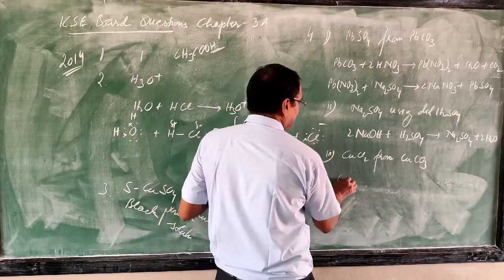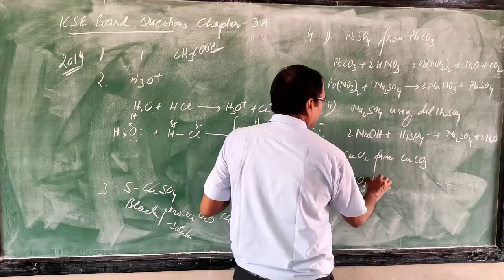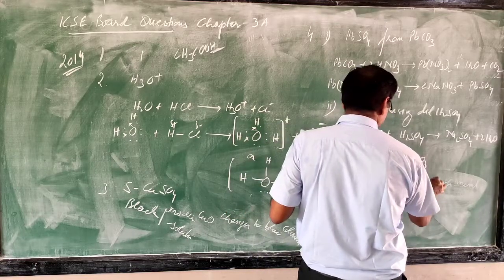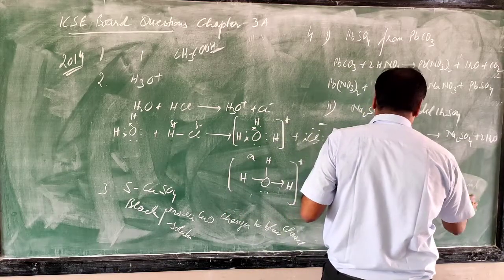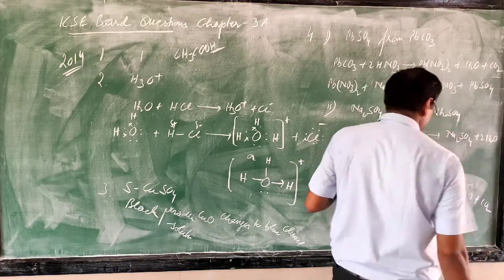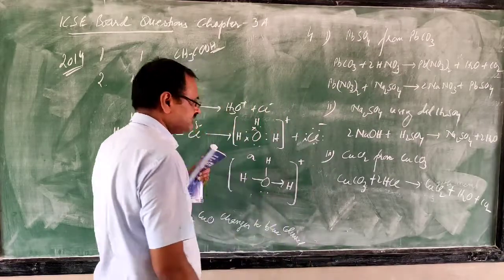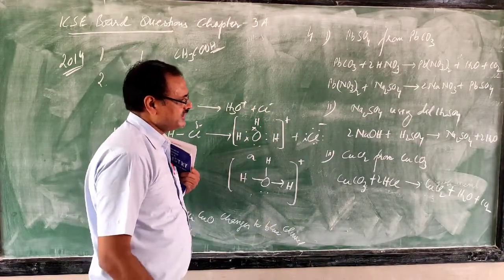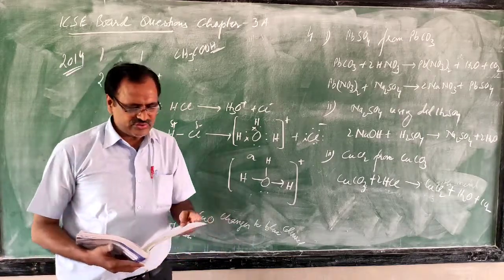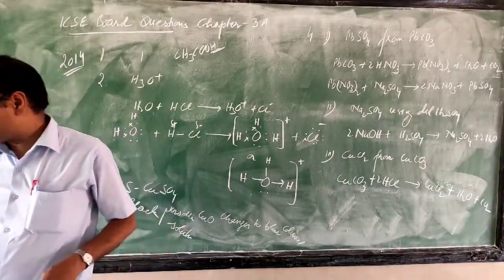This copper carbonate reacts with hydrochloric acid. This will form copper chloride, water and carbon dioxide. So in this way you can get the copper chloride. So this 2014 is over.